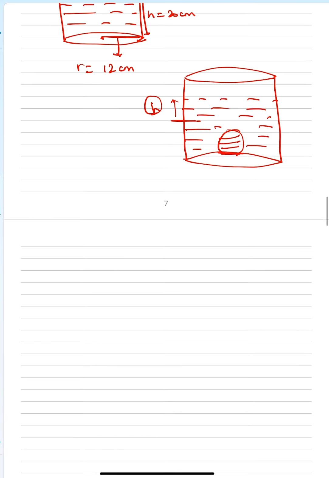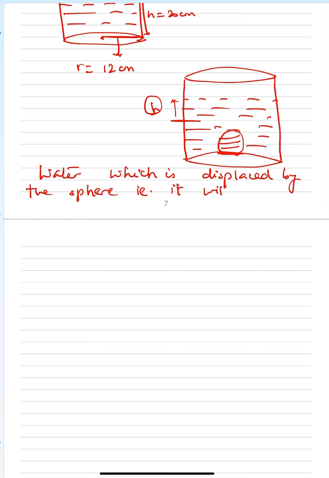So we can say that the water which is displaced by the sphere will increase the level of water now.